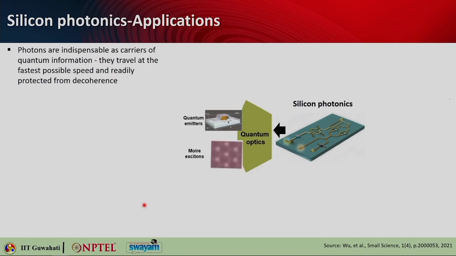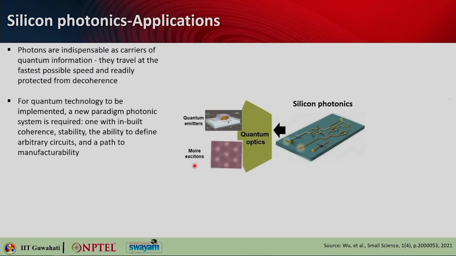The other area will be quantum optics, where it is possible to have quantum emitters and Moire excitons. So photons are indispensable as carriers of quantum information. They travel at the fastest possible speed and are readily protected from decoherence.